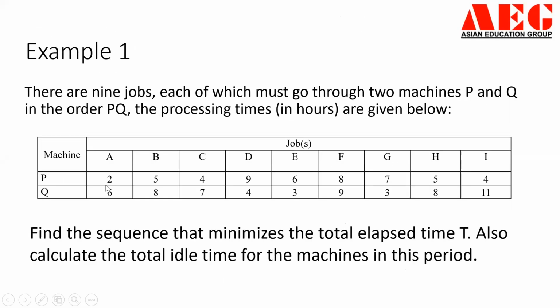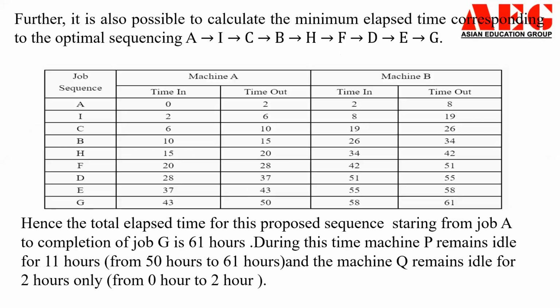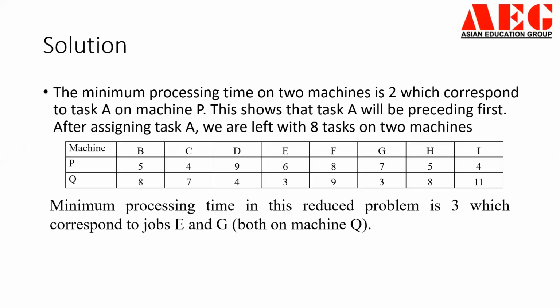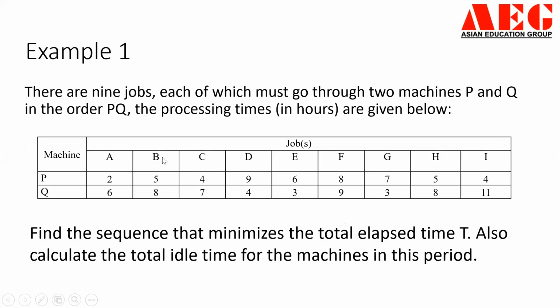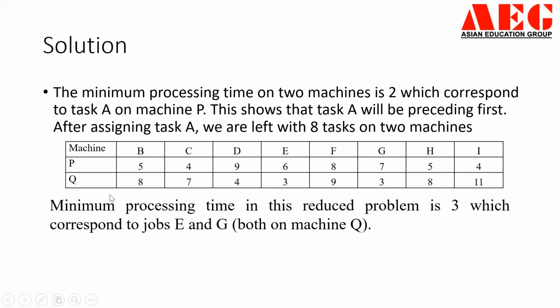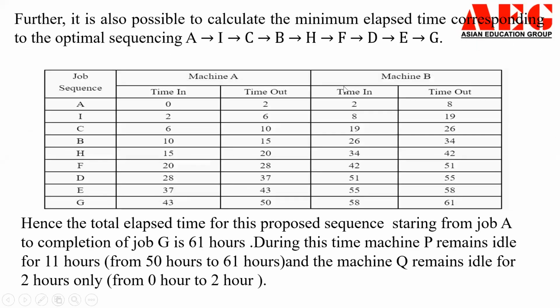A is of 2 hour size. So I have completed this job on machine A. As it is finished, it will go on to machine B because it requires machine B also. So check there, machine B is 6 units of time. So I will take 2 here, and then plus 6, 8, right?